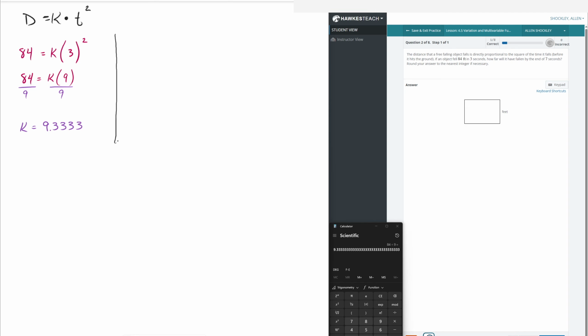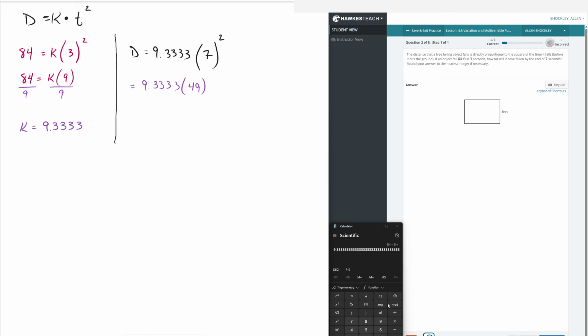So again, now we're going to figure out how far the object would have fallen at the end of 7 seconds. I do not know the distance that my object is falling. I do know that the k value is 9.3333. I'm going to multiply that by my new time, which is 7 seconds, and it's squared. So I can do this part in my head and say that this equals 9.3333 times 49.